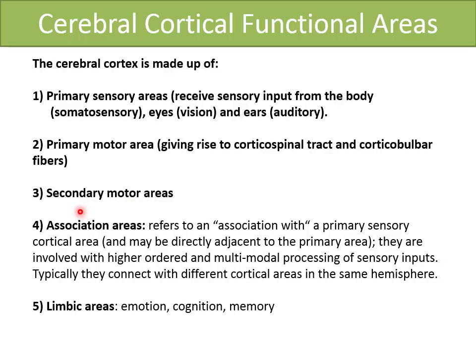There are secondary motor areas in the frontal lobe, and there are association areas, primarily in the occipital, parietal, and temporal areas. These are associated with the primary sensory cortical areas, and they're involved in higher order processing of those primary sensory inputs and merging those various sensory inputs. And then there are limbic areas that deal with emotion, cognition, and memory.